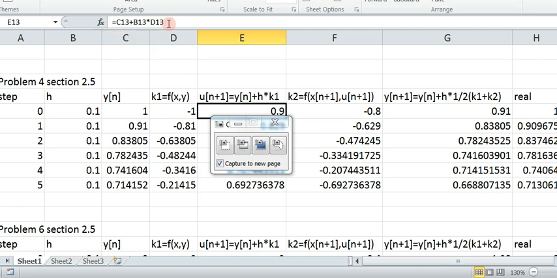There's my u of n plus 1, times b1, so that's right. And then there's that guy.